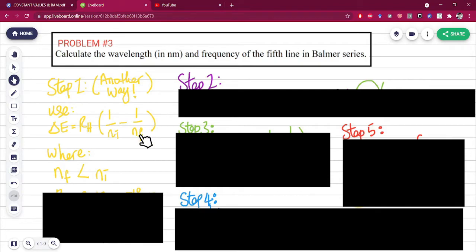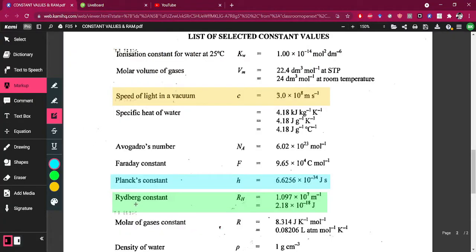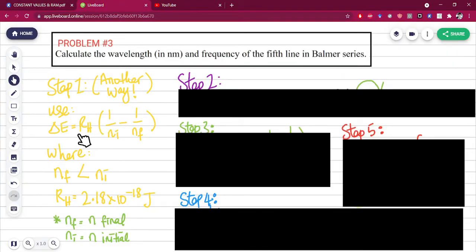So that is the difference right there. Also, what is different is the constant. The Rydberg constant will be 2.18 times 10 to the power of negative 18 joule for the delta E formula. Okay, remember that.